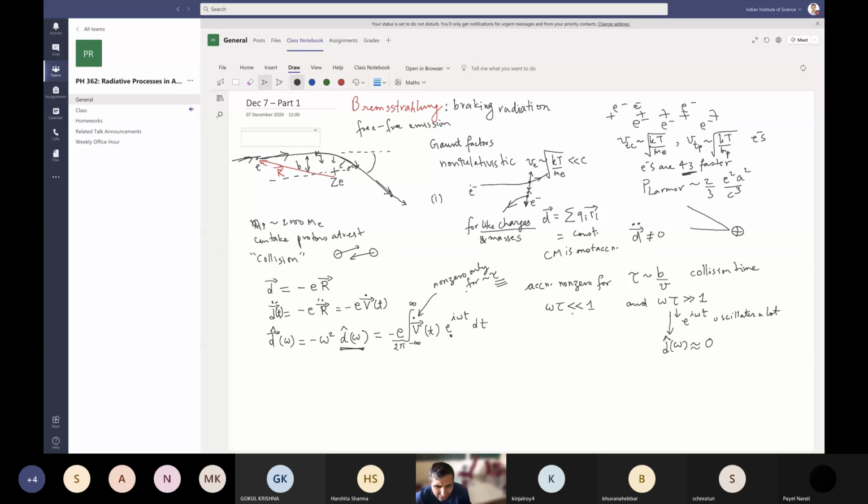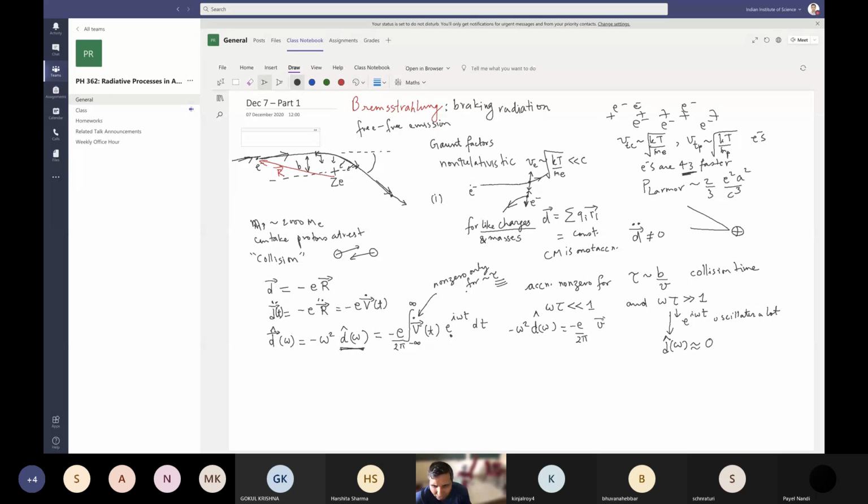In the regime where omega tau is much less than 1, we are considering the low frequency limit, and this phase factor is almost a constant. So d tilde omega, minus omega squared, is equal to minus e by 2 pi, and we can take this phase to be 0 without loss of generality.